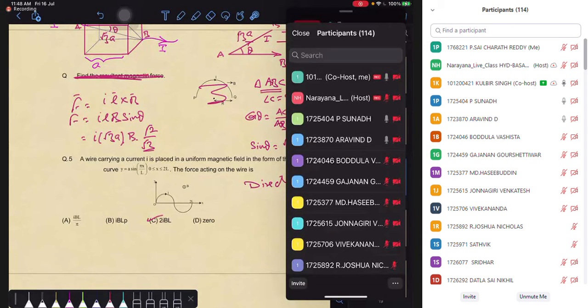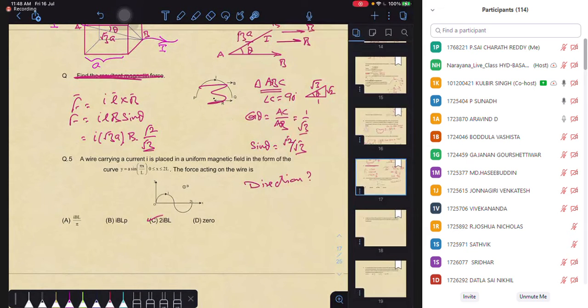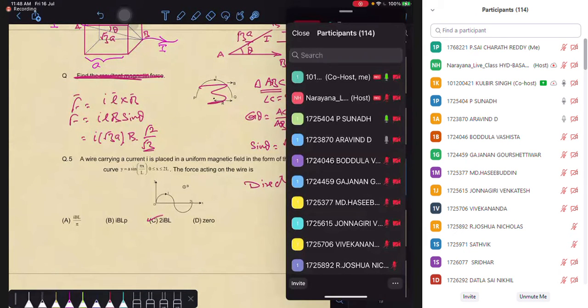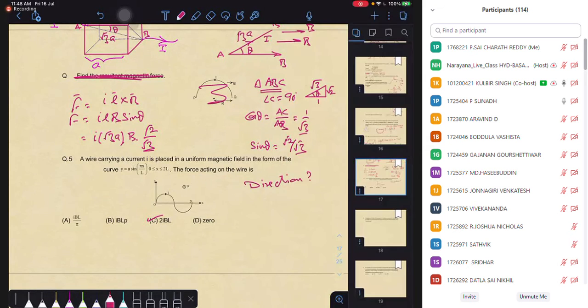Sir, one force is along the positive y-axis and another is negative. No. You just replace it with the ends. This whole current will be replaced by this rod.